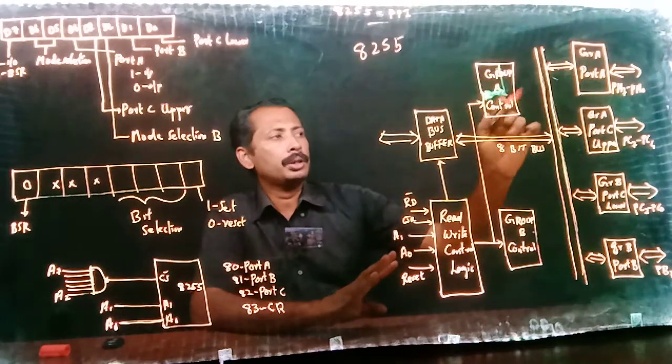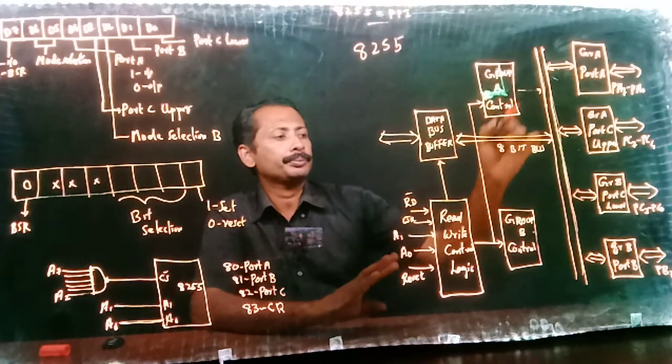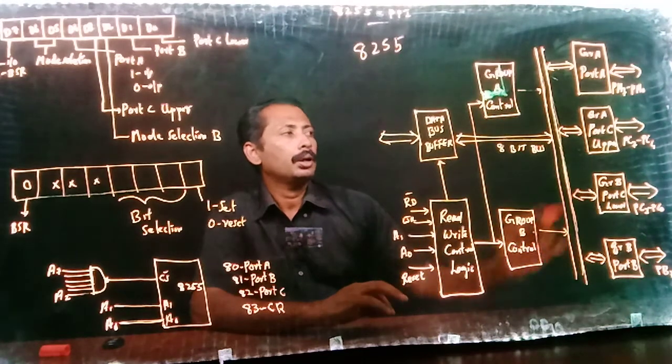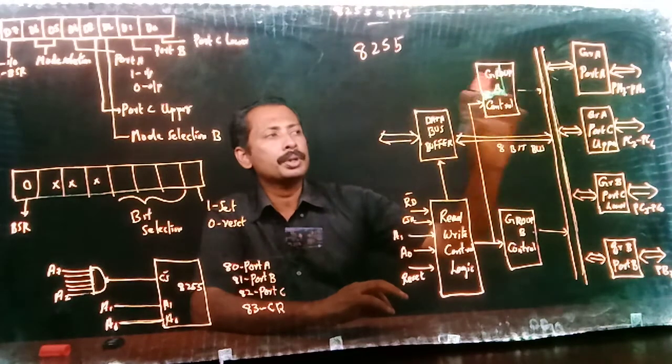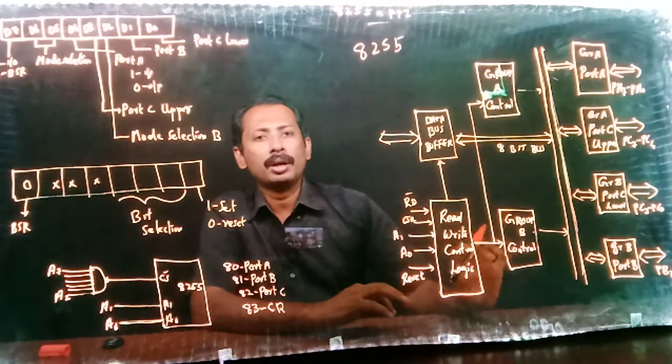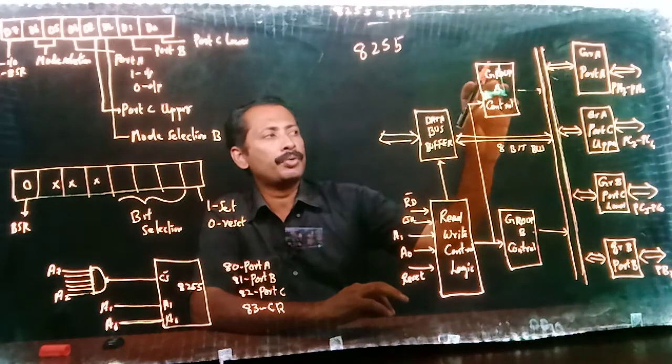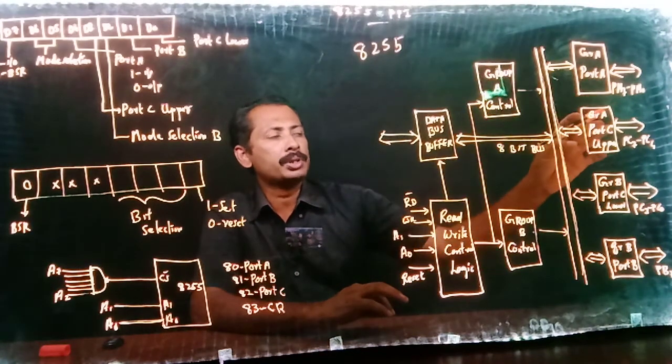So these are 2 groups, and for controlling each group we have a control. This is group A control for controlling port A and port C upper.